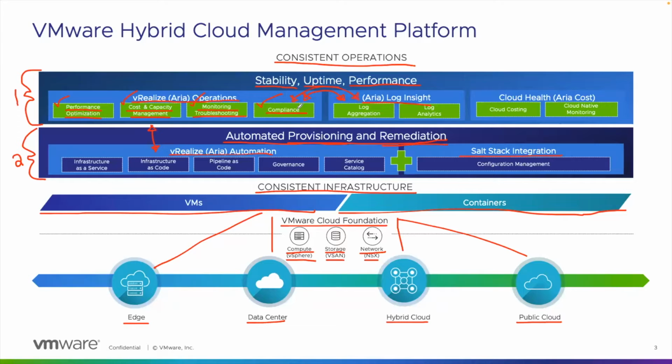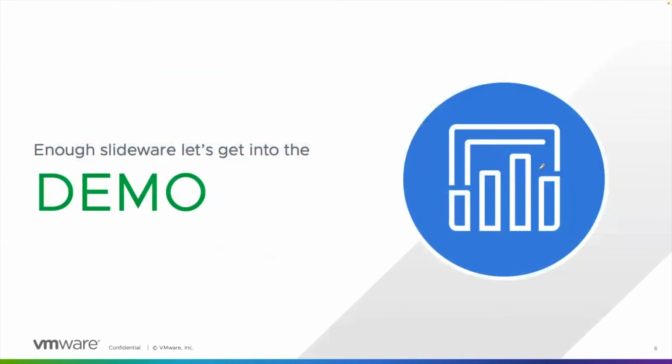So there's a lot of integrations like that. But just for the interest of time, we won't be talking too much about Log Insight today, Cloud Health, Aria Automation, or SaltStack. Those will come at a later date in this series. But for now, let's be done with the slideware and let's just get right into the demo.